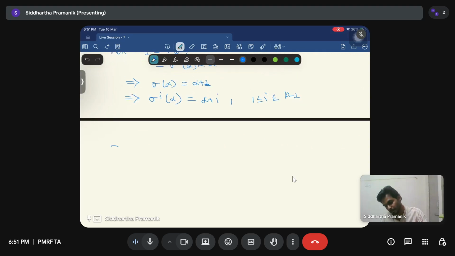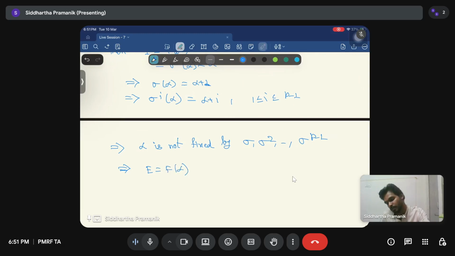So this implies alpha is not fixed by sigma squared, and so on up to sigma power P minus 1. So alpha is not fixed by any non-identity element of the Galois group. So E has to be F of alpha.